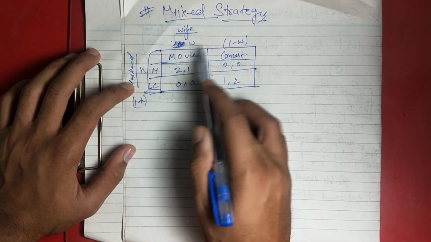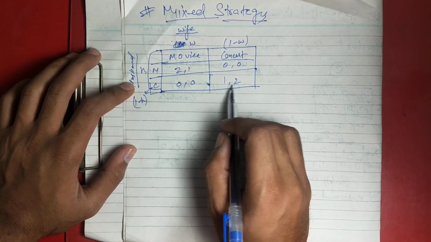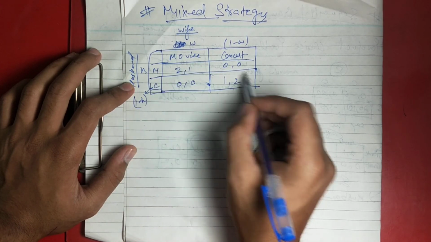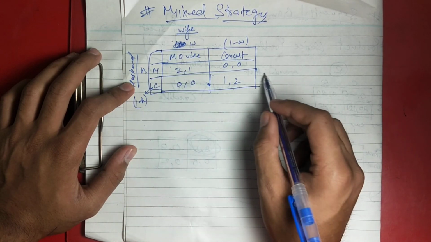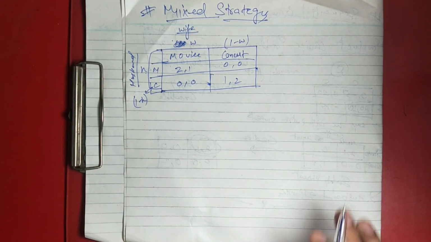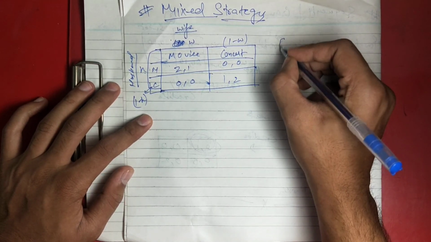And when H and W are 0, if you put the values here, you get 0, 0. So you get the second one, concert. So these two will always be the Nash equilibria in the pure strategy. Okay. So now what do we do? We take their expected payoffs.